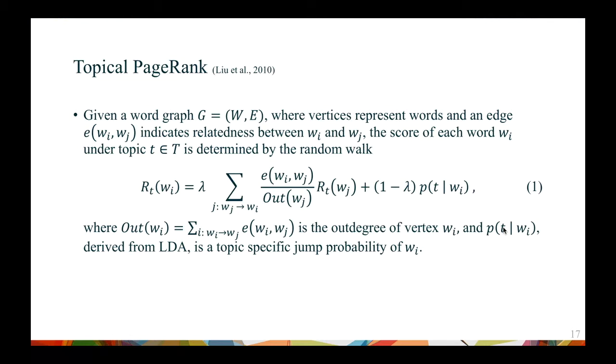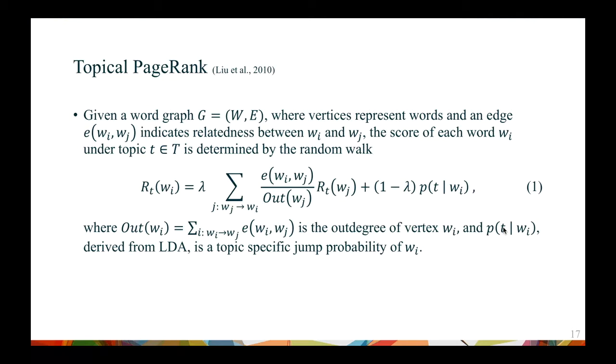For the people who know PageRank, this looks very similar to the PageRank formula. The only difference is that in PageRank, at every node, you can either choose to jump to one of the nodes you are connected to, or you randomly jump to another unknown node. This is what we call jump probability in PageRank.